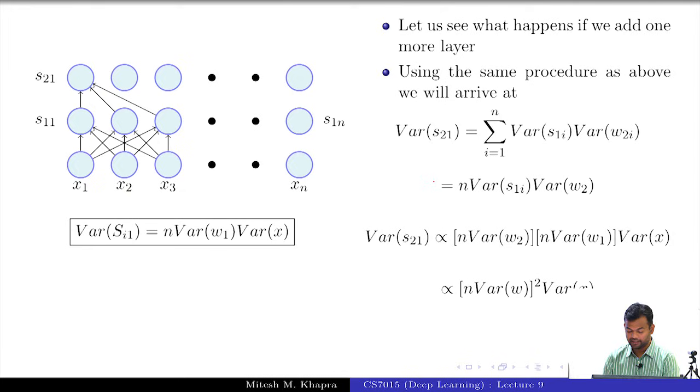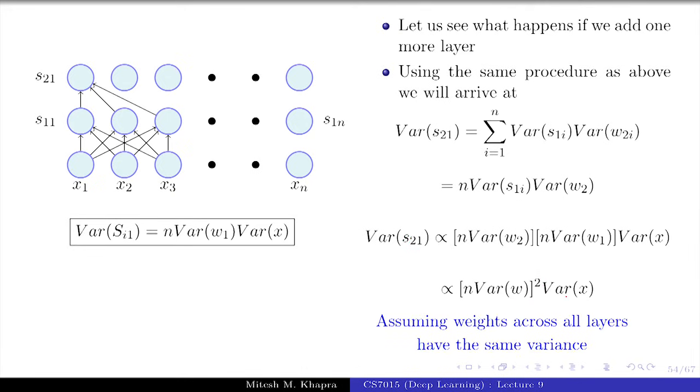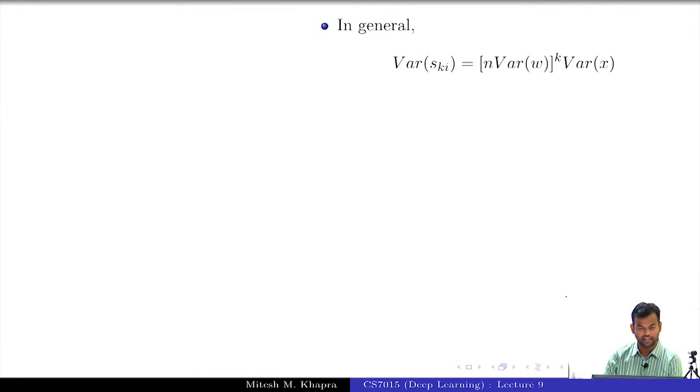So that turns out to be, I have a square here when I have 2 here. So you see where I'm headed with this? What will be the variance of Ski? This raised to k and to something. Everyone gets this? I can just continue the same analysis, and I've assumed that the weights in all layers have the same variance. So in general, I can say this.